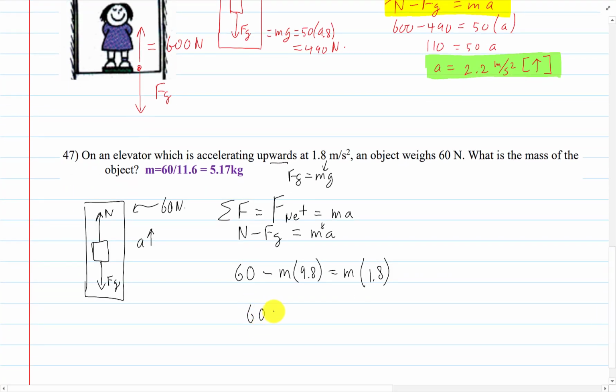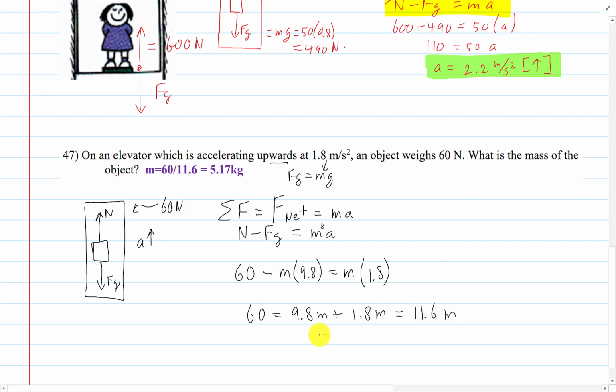60 is equal to 9.8 m plus 1.8 m. I brought this one over to the other side to make it positive. So this is going to be 11.6 m.